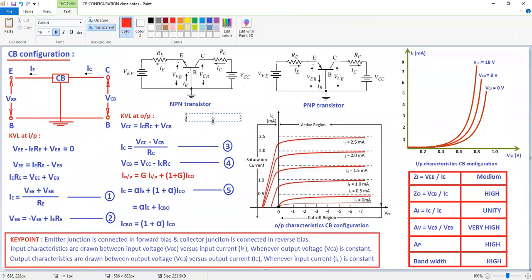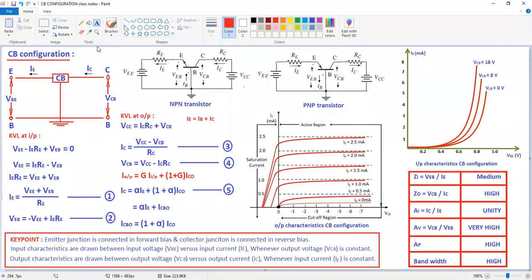I already explained this relation. Emitter current is equal to the base current plus collector current in the case of transistor. This is the standard equation in the case of transistor in terms of current.